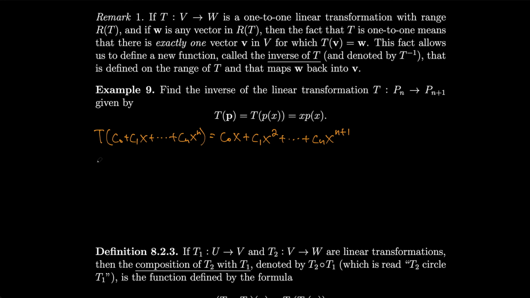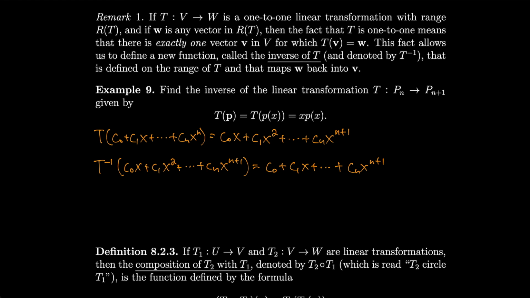So to get backwards, let's take T inverse of c0x plus c1x squared, and so on through cn x^(n+1), and we will just drop the x and get c0 plus c1x, and so on through cn x^n.